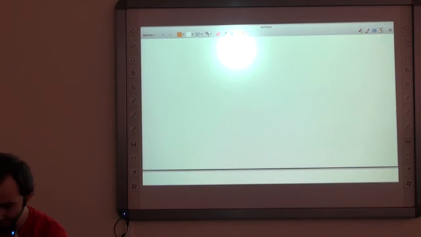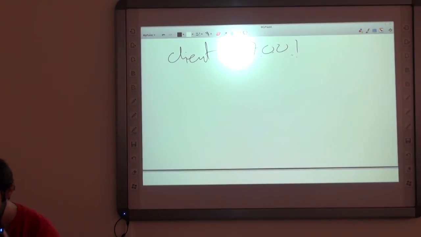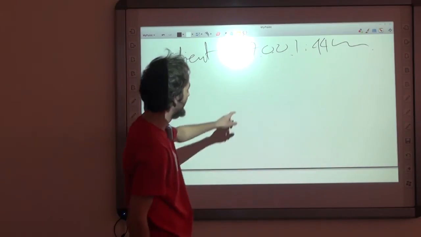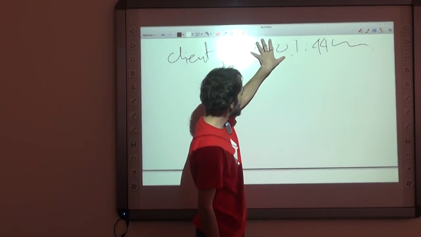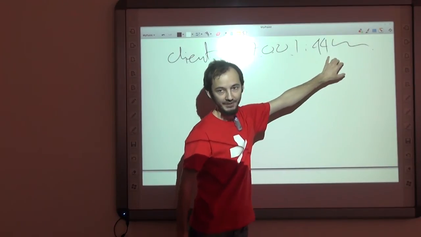So let me draw this visually. The client is 127.0.0.1 at a port that was 44-something. And usually, the notation is address, colon, port number.